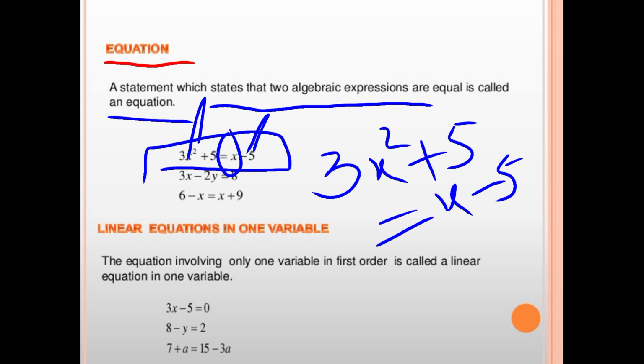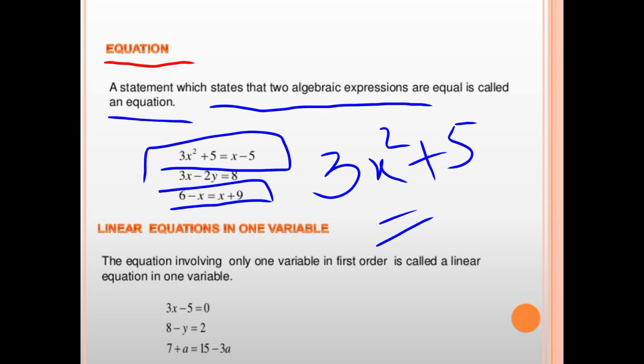Now these two algebraic expressions, when an equality sign is used between them, have become an equation, right? Similarly, in this case, 3x minus 2y is equal to 8. This is also an equation. Now 6 minus x is equal to x plus 9.